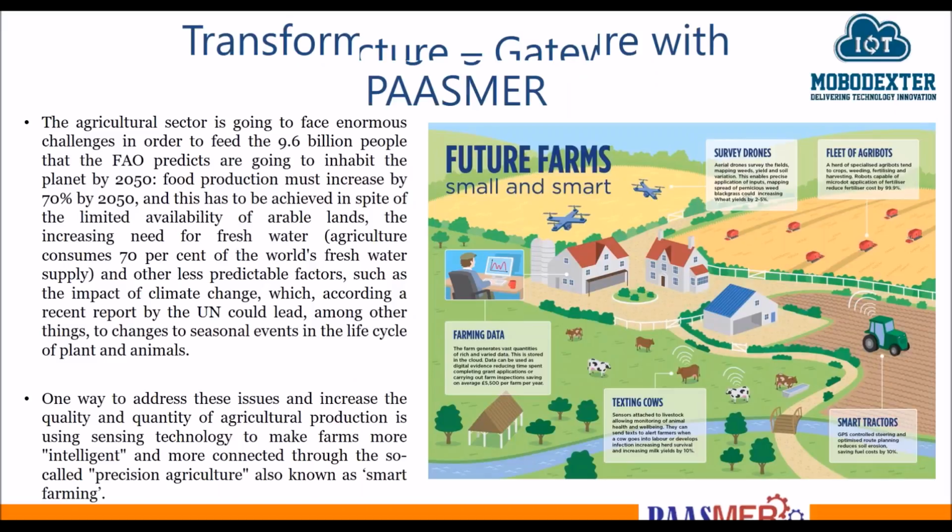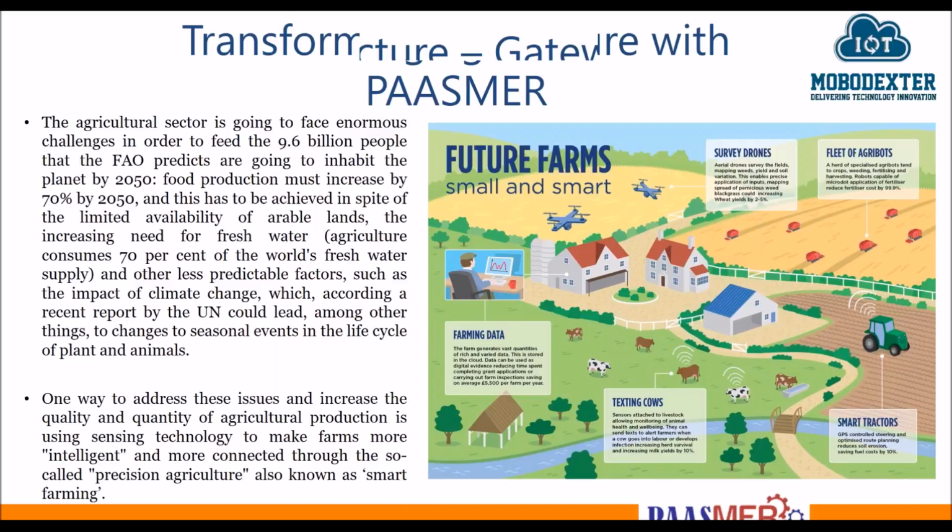Here we have some basic information about what agriculture is and how agriculture can be transformed using Paasmer. Now, the agricultural sector has an enormous challenge. The current population of the world is about 7 billion, set to grow to about 9 to 10 billion by 2050.